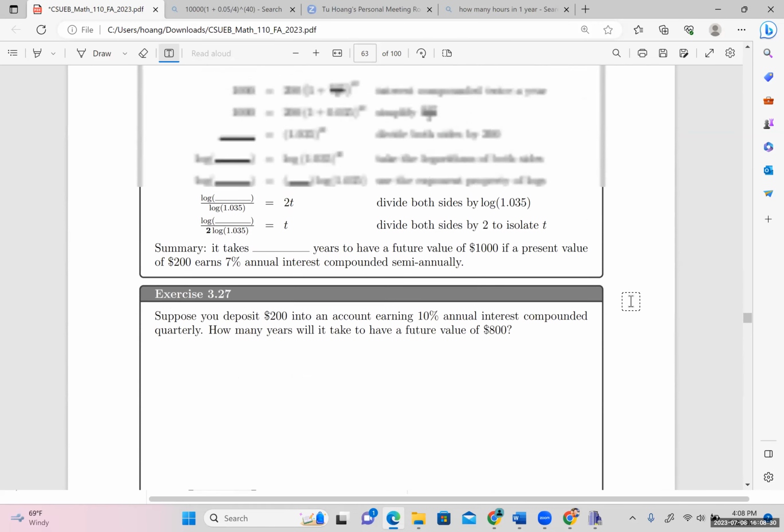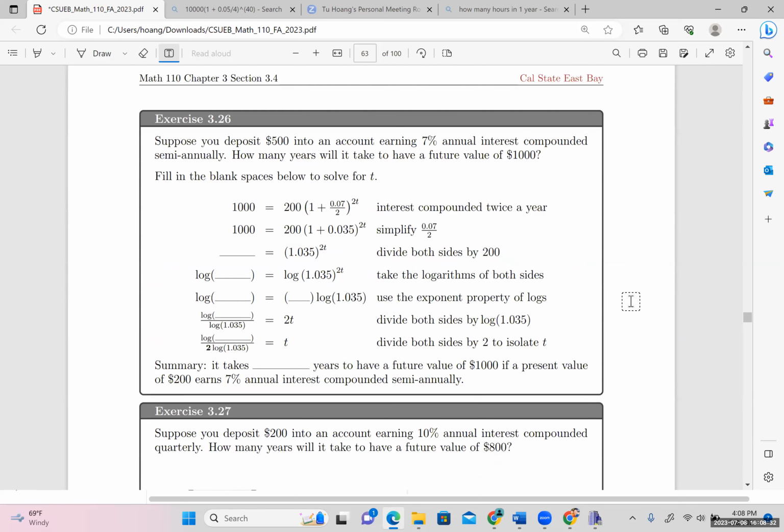So I would like to show you 3.26 here. Suppose you deposit $500 into an account earning 7% annual interest, compounded semi-annually. So we are having compounded semi-annually. m must equal to 2, right? So notate all things.